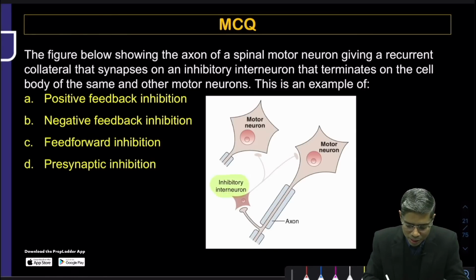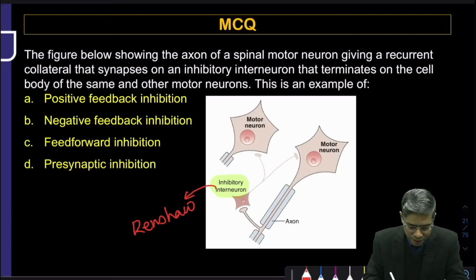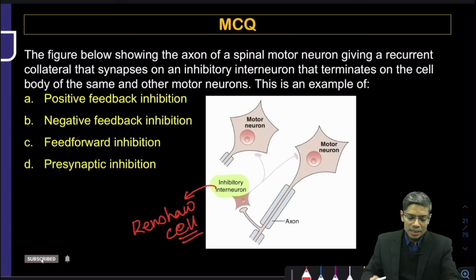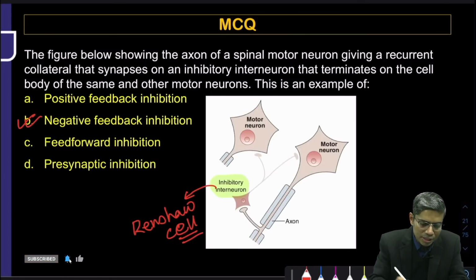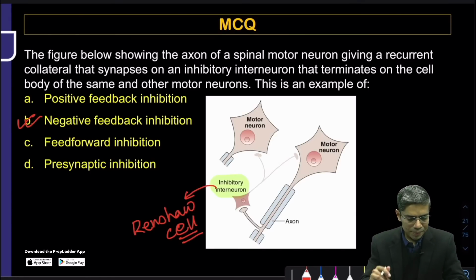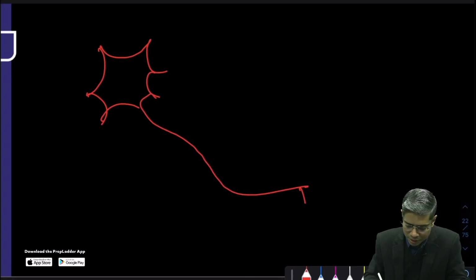an inhibitory interneuron. You know the name of this inhibitory interneuron is nothing but Renshaw cell. Renshaw cell is a typical example of negative feedback inhibition. Very good, okay. So, the basic diagram given here is that this is a motor neuron, and the motor neuron is supplying the skeletal muscle.